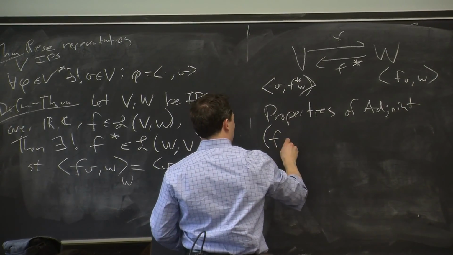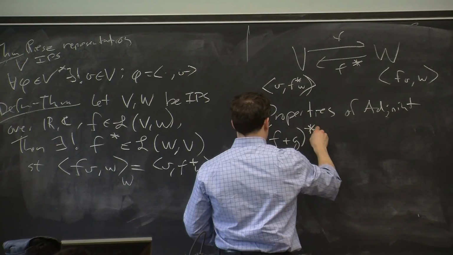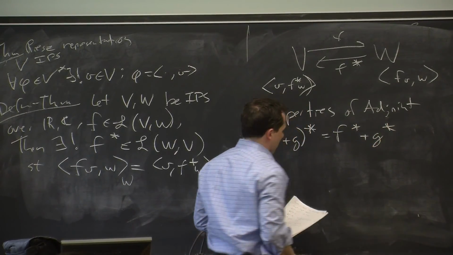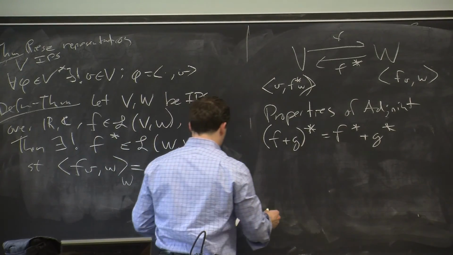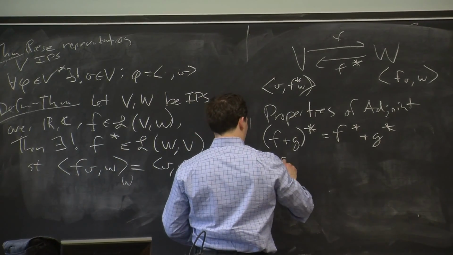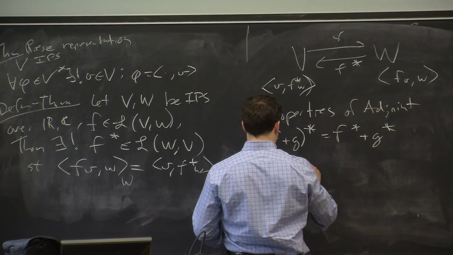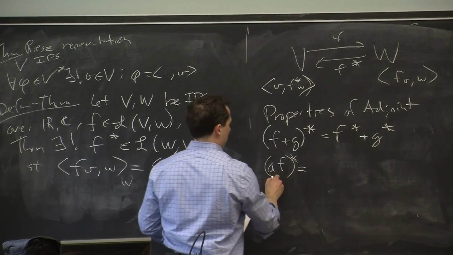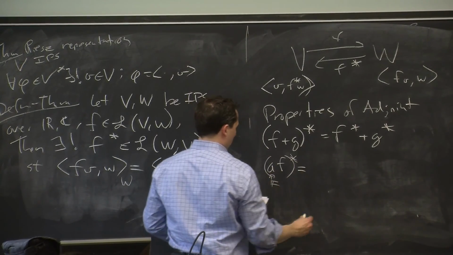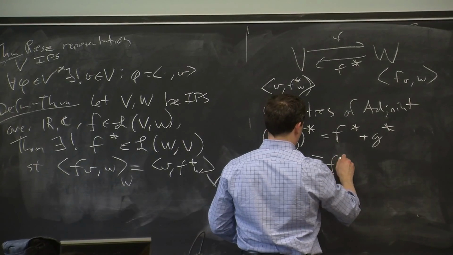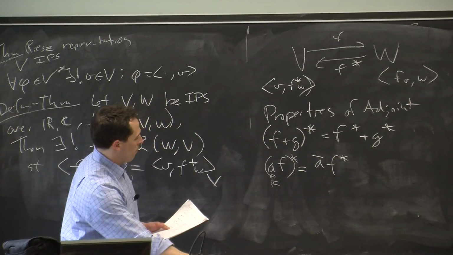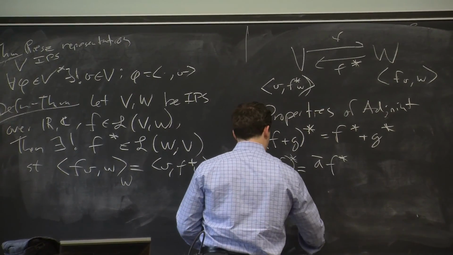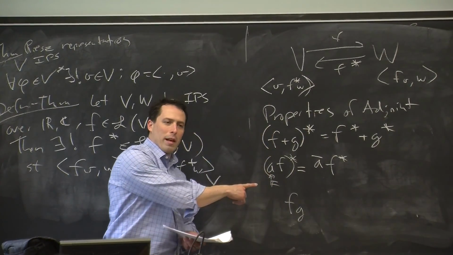And the properties were that it respects addition. The adjoint of the sum is the sum of the adjoints. If I take the adjoint of a scalar multiple, where the scalar is in the field, I get the conjugate of the scalar times the adjoint of F. And more generally, if I compose two linear maps, I can think of multiplying by a as multiplying by a times the identity.